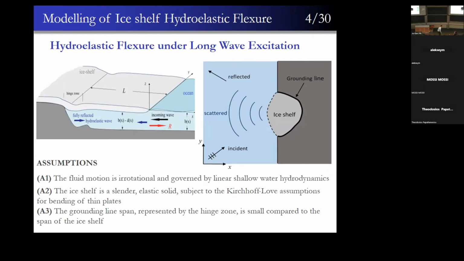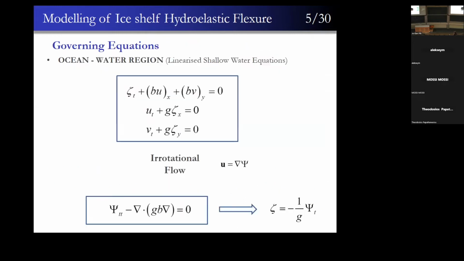And the grounding line, so the line where the ice shelf expands from the coast to the sea, is modeled as a hinge zone and is considered to be of small span compared to the overall span of the ice shelf. I will examine the long wave forcing in terms of reflection transmission in the case of a simple 1D model, and as an incident, reflected, scattered and radiating problem in the case of 2D.